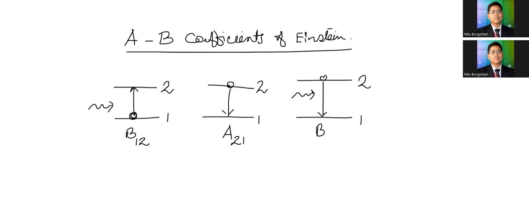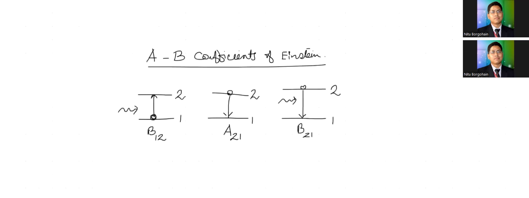So there are three coefficients given by Einstein, the A and B coefficients, and they have a very beautiful relation, and we are going to see what relation they follow.